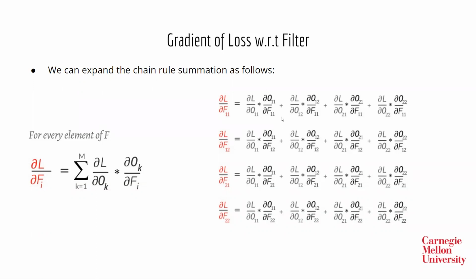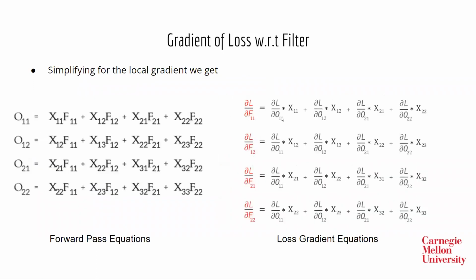So how would you do that? We'll have to look at the equations that we got from the forward pass, and the math is going to follow from that. Say you have to find the gradient of O11 with respect to F11. That's going to be X11, and that is exactly what is plugged in over here.